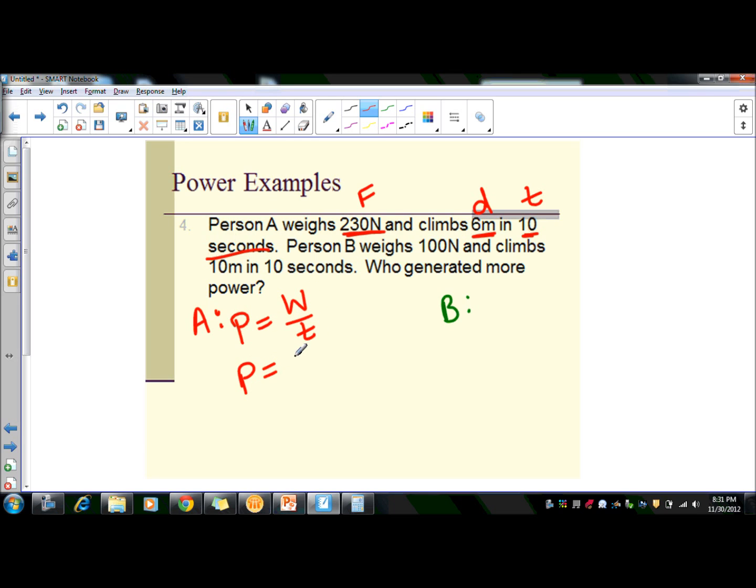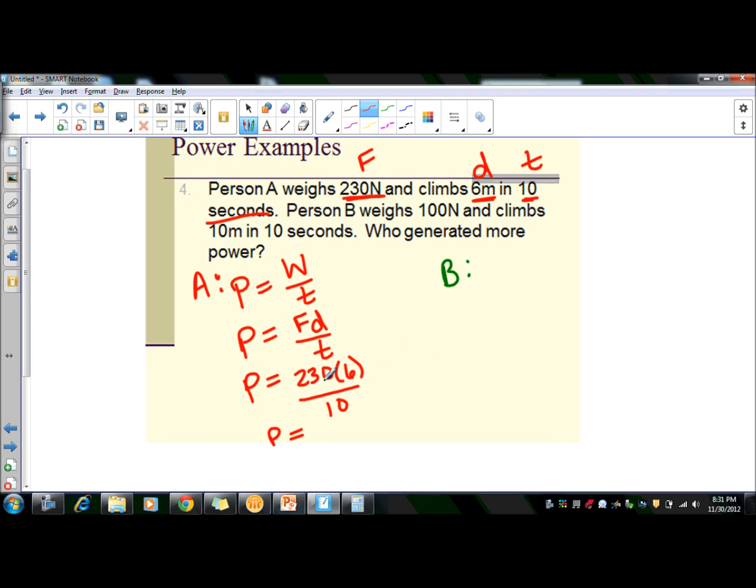So power is force times distance over time. So we get 230 times 6 divided by 10. So for power here, we get 230 times 6 divided by 10, which gives us 138 watts.